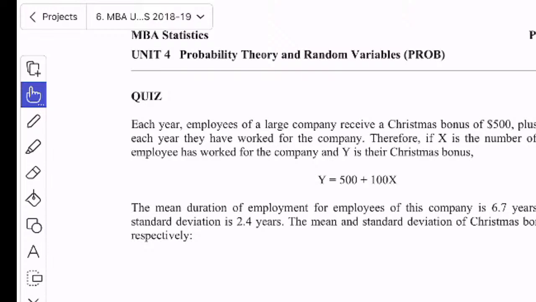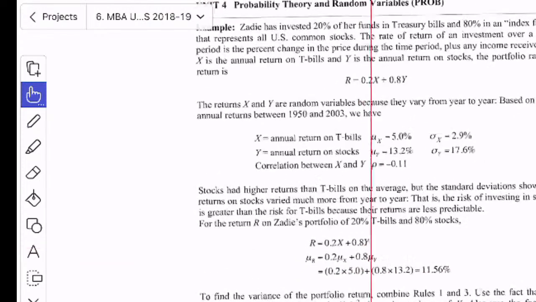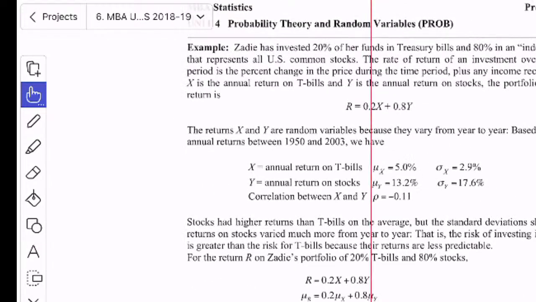So let's just apply the rules to this exercise, which I didn't give you an answer for, so I want to do it now. What I want you to be able to do for the test are problems like these. And I give you the answers for each of them so you can practice.